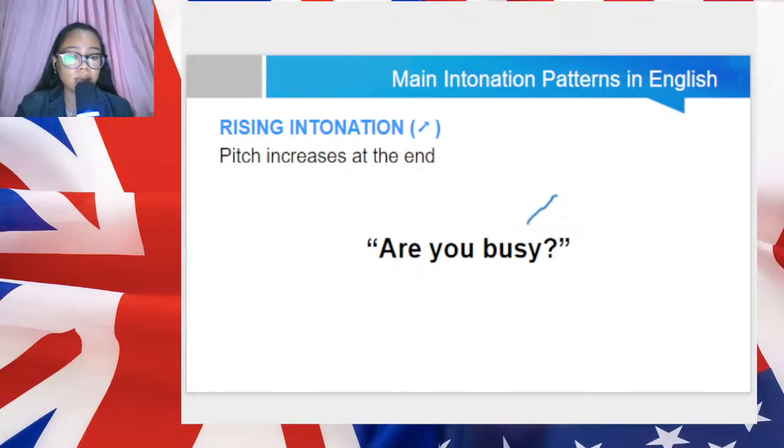So the listener, hearing this upward inflection, understands immediately that a direct answer is required, typically a yes or no in this particular instance. Now, the intonation here establishes a clear conversational expectation.